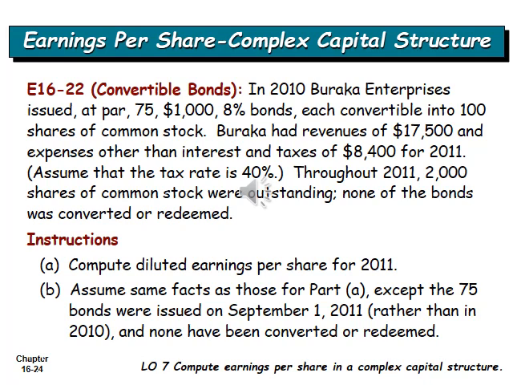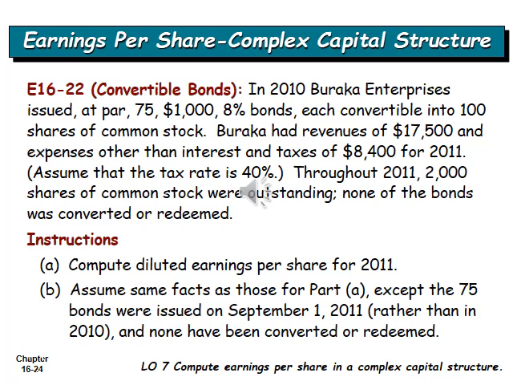The company had revenues of $17,500 and expenses other than interest and taxes of $8,400 for 2011. Assume that the tax rate is 40%. Throughout 2011, 2,000 shares of common stock were outstanding. None of the bonds was converted or redeemed.